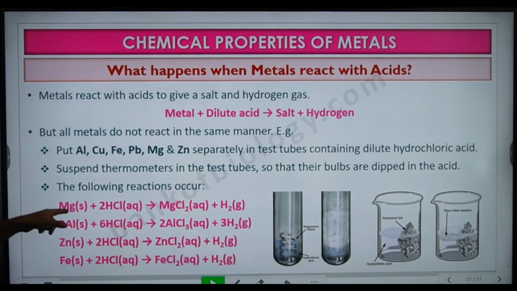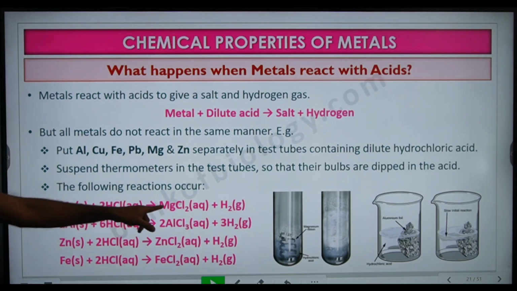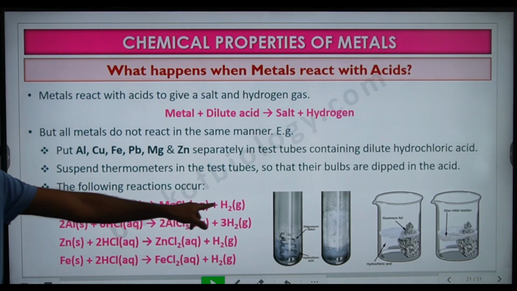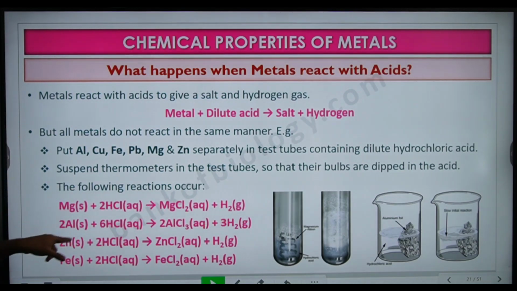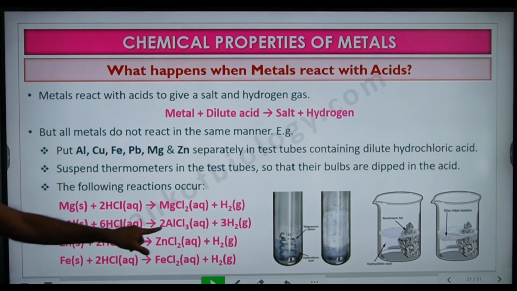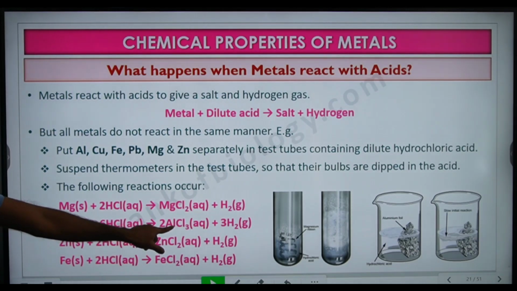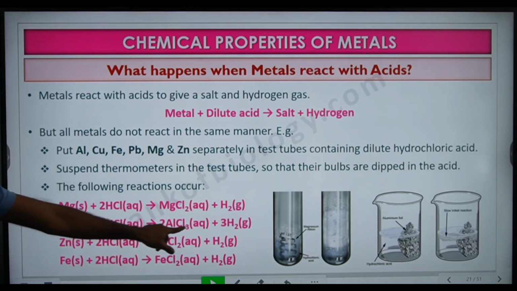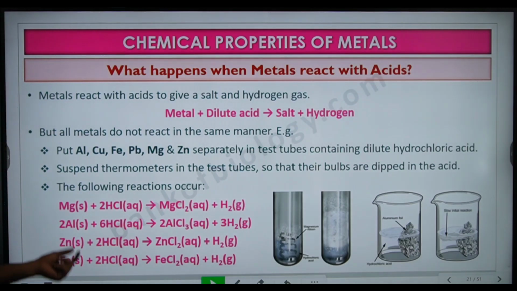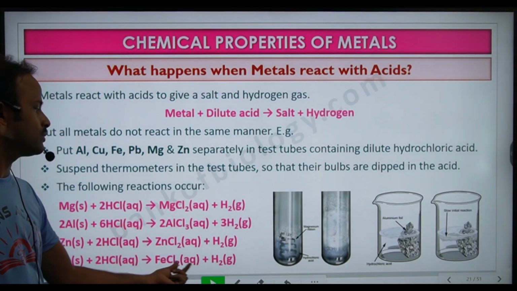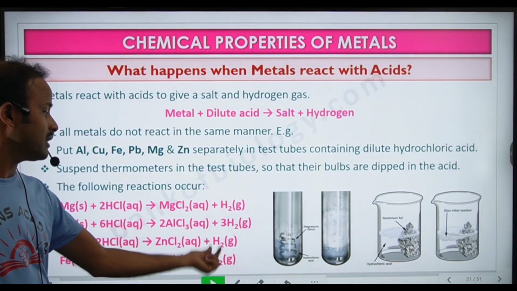Now you see, when magnesium reacts with the hydrochloric acid, it will form the salt magnesium chloride and it liberates hydrogen gas. When aluminium reacts with the HCl, it forms the aluminium trichloride AlCl3 salt and it liberates the hydrogen gas. Zinc, when it reacts with the hydrochloric acid, forms the zinc chloride ZnCl2 and also liberates the hydrogen gas.